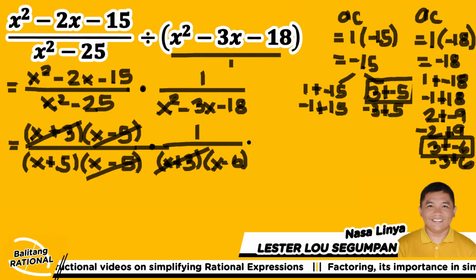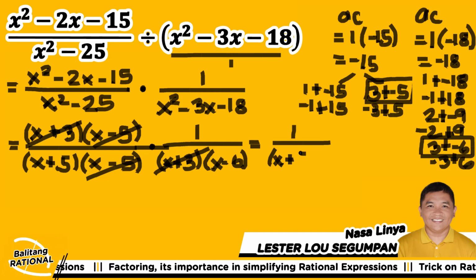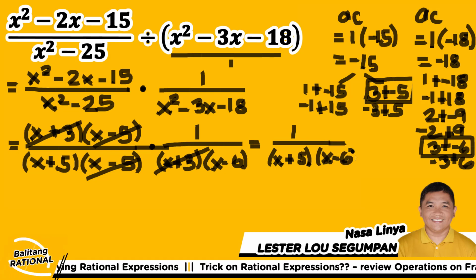So we are left with the final form of 1 over x plus 5 to be multiplied with x minus 6. So this is now the simplified form of our given expression.